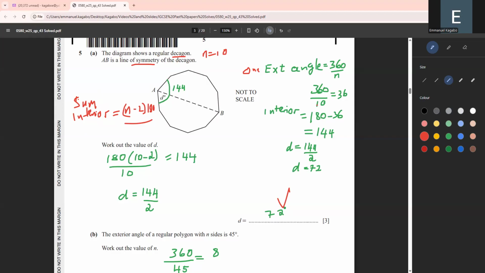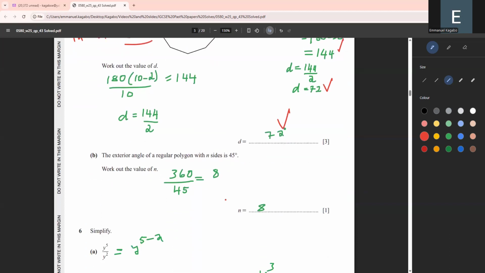So 360 divided by 10 sides gives 36 degrees. We know that the interior angle and exterior angle add up to 180 degrees. So one interior angle is 180 minus 36, which gives me 144 degrees. Now I divide by 2 to get the value of D, and both methods give you the same value. Thank you.